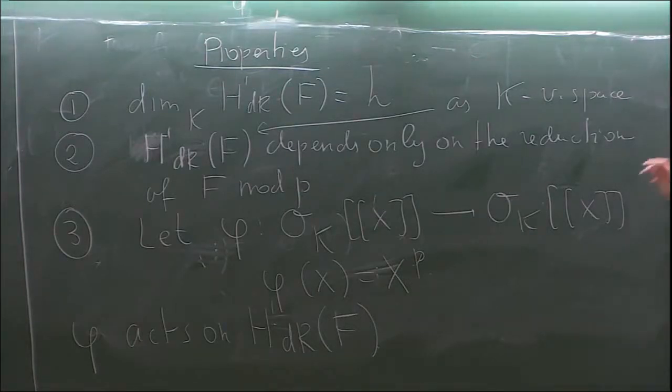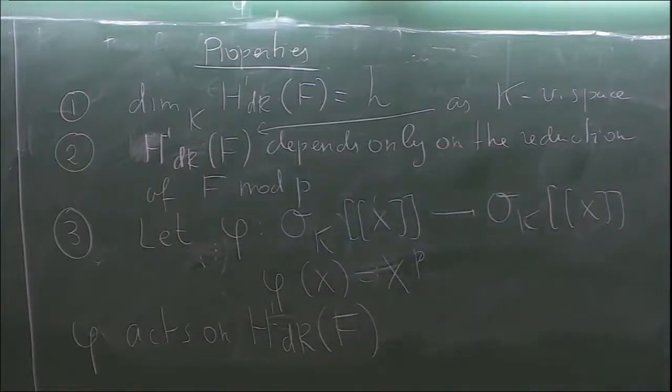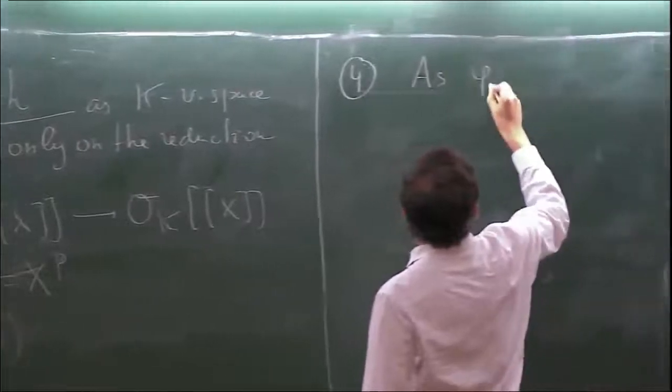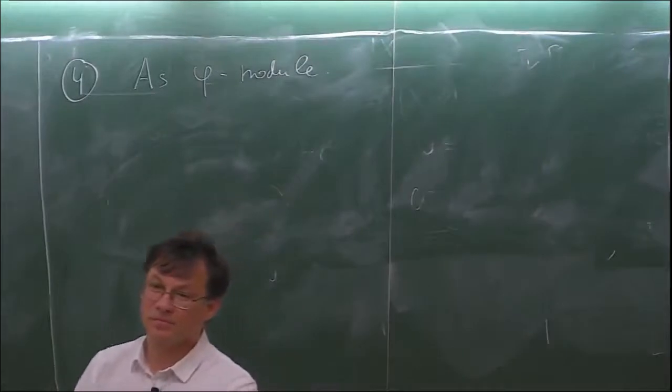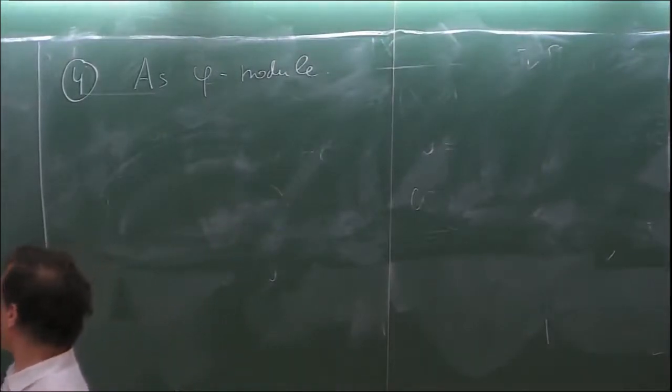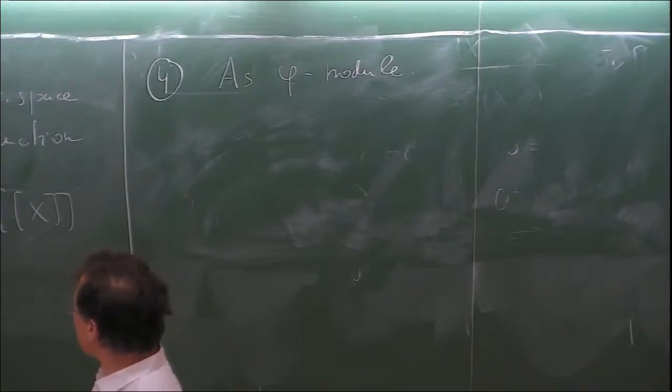So next, one can describe the structure of this phi module. H1 dR is a K vector space of finite dimension h.